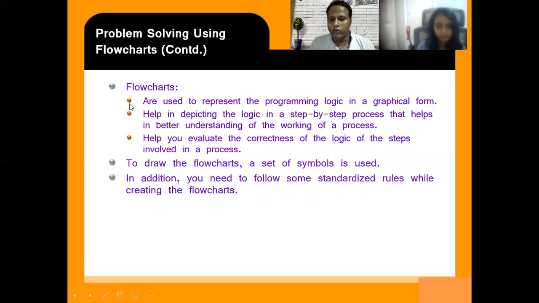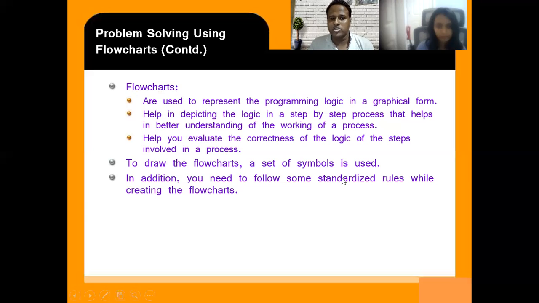When you represent information in a graphical form, it is very easy to understand. It helps you evaluate the correctness and the logic, step by step, involved in the process.